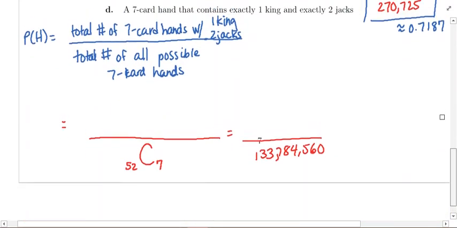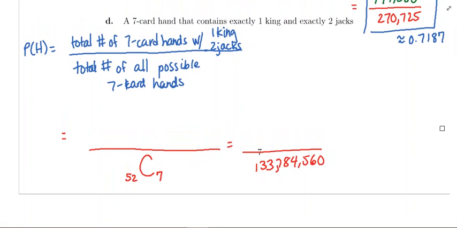Remember what we talked about in that example: you have to account for all the cards. If you're being dealt a 7-card hand and you want exactly 1 king and exactly 2 jacks, those are 3 of the 7 cards. You have to account for the 4 remaining cards as well, okay?